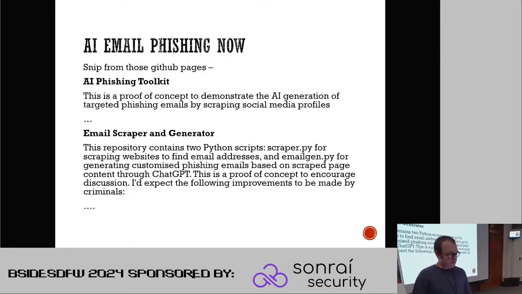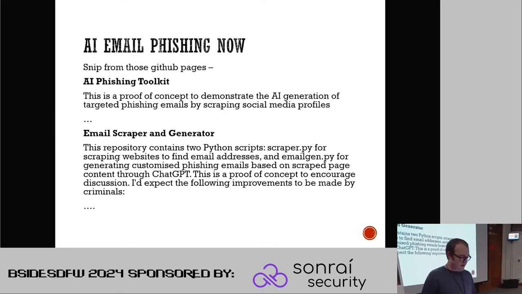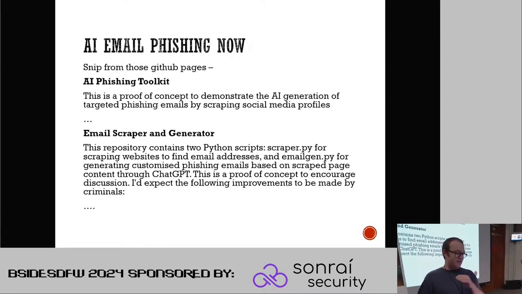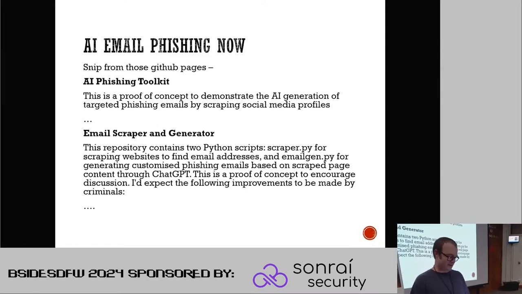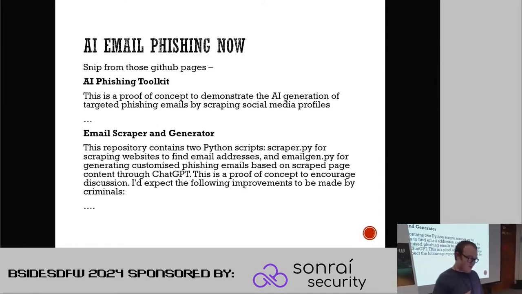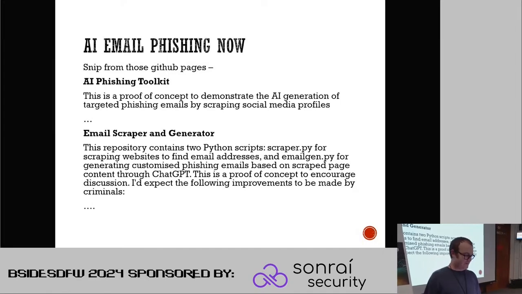And then on the scraper and generator, the main takeaway from the comments is he has a large list of improvements to the program. It just says, hey, I'd expect the following improvements to be made by criminals. And then there's a breakdown list of his future plans.